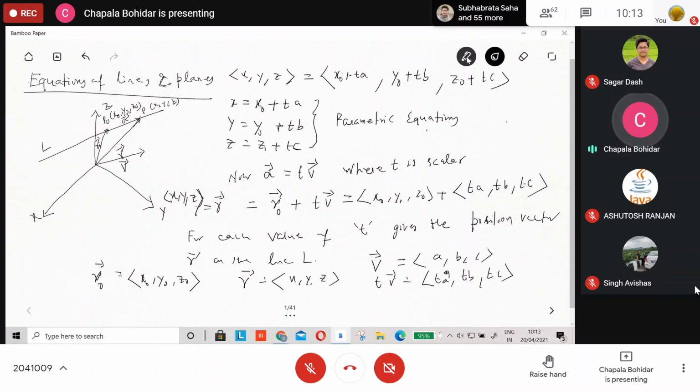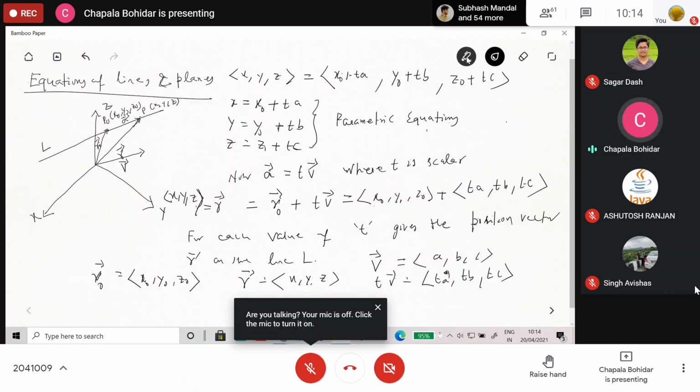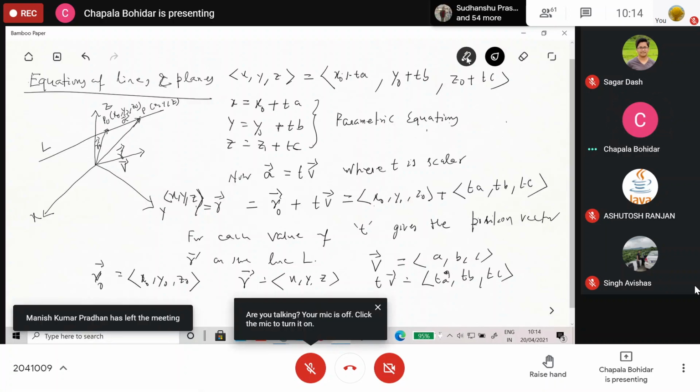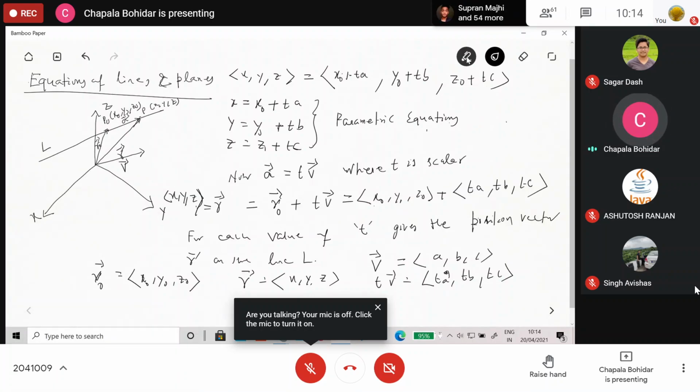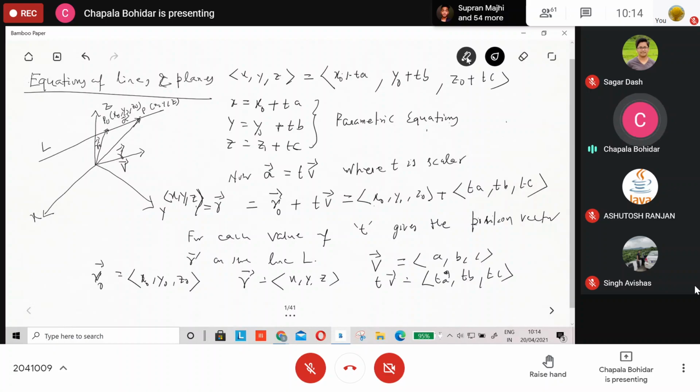We are using it as a parameter. According to the value of T, we can get the value of the point x, y, z, and that is our position vector on the line. Clear up to this parametric equation? All of you clear? First, find your vector equation.